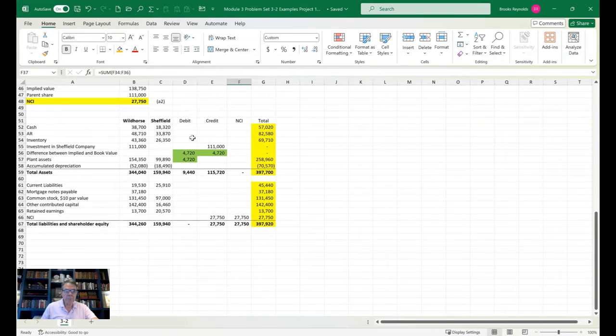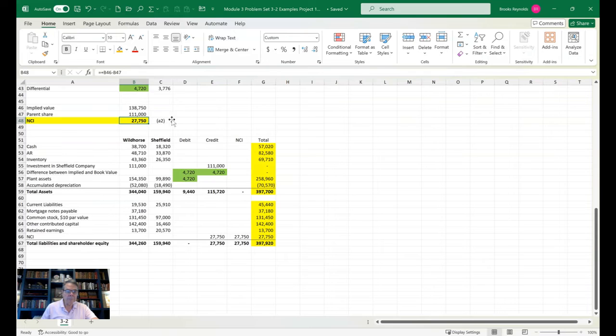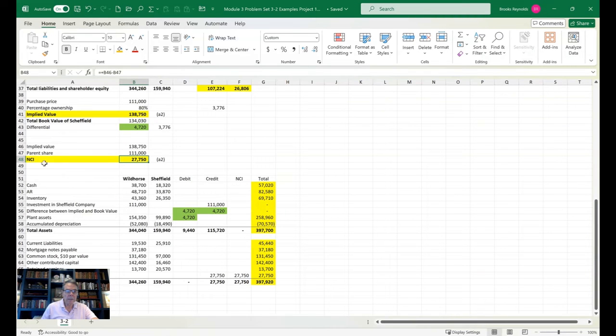And so you can see here again, to determine the NCI percentage is just the implied value less the parent share, and that's going to give you 27,750.